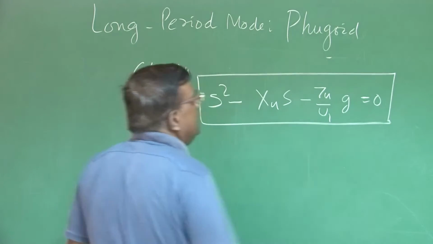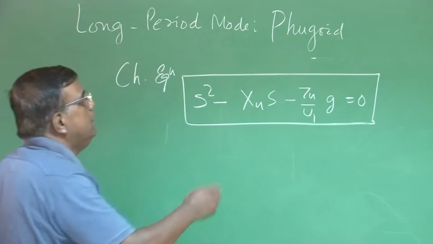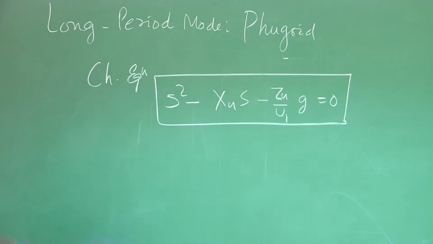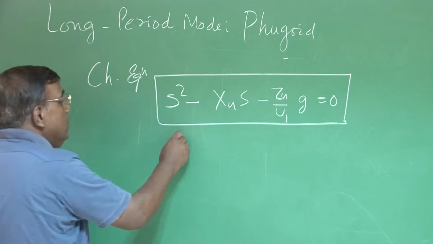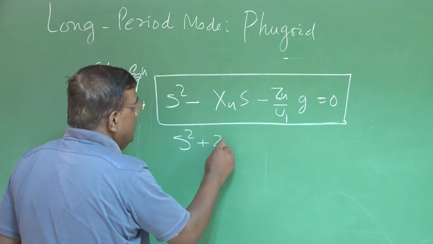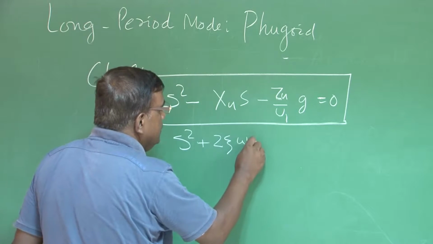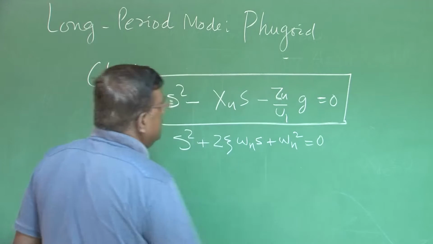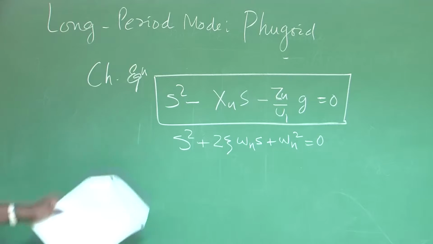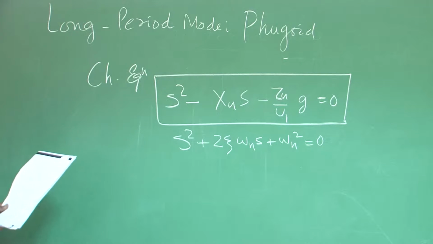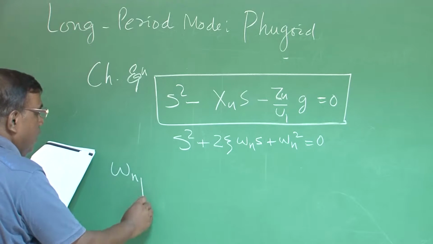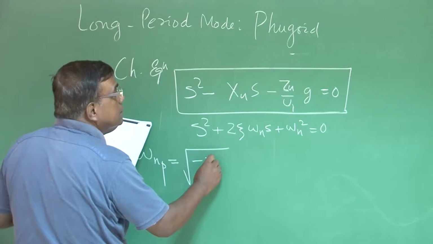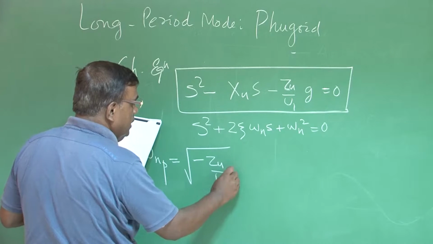And remember, the beauty of initially understanding second order system. So, again this is a second order system, and we know standard notation for second order system using natural frequency and damping ratio. So, I compare these two and find out omega n phugoid as under root of minus Zu by U1 into g.